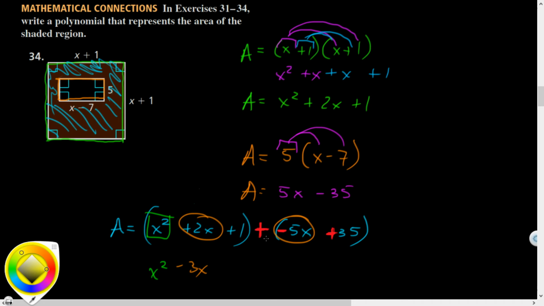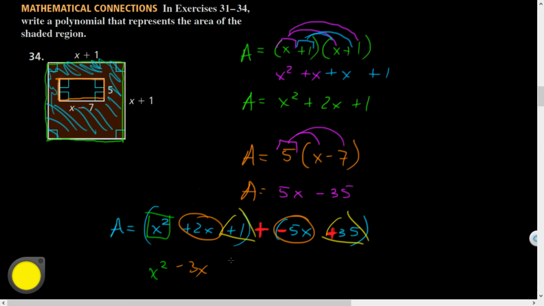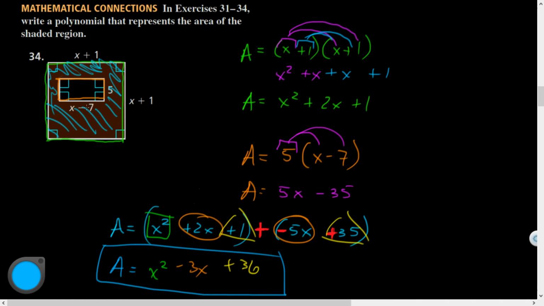And then lastly, we'll have the 1 and the 35 is equal to 36. And so that will be a formula that represents the area of just the blue as I have indicated. Okay? So, right, length times width, and then I had to do some foiling is what I had.